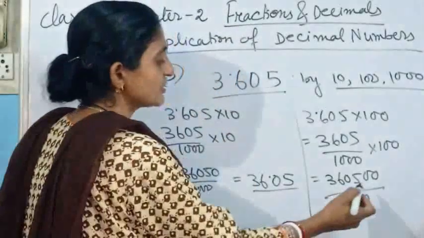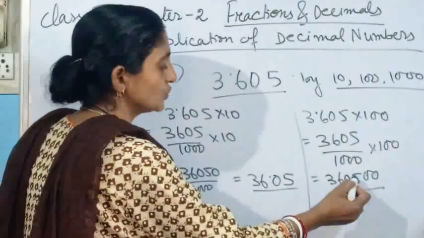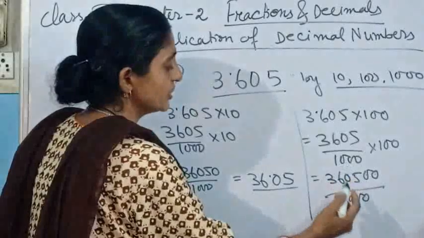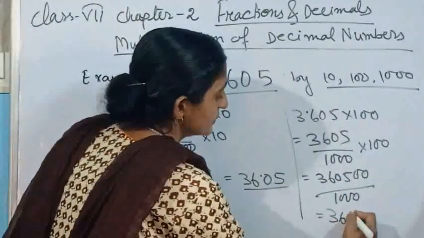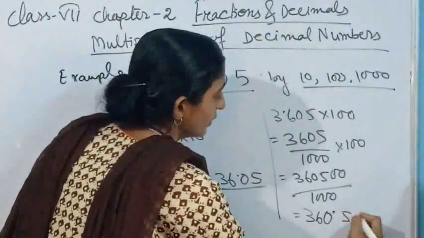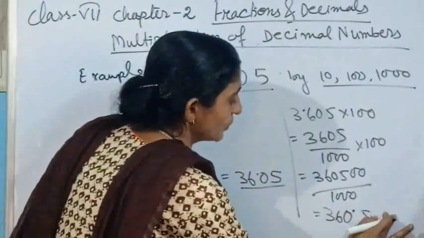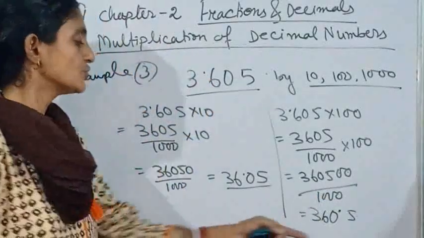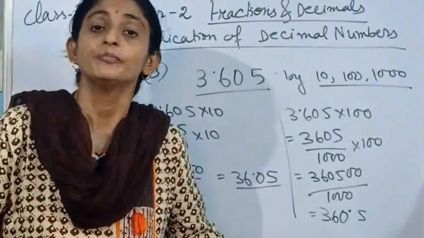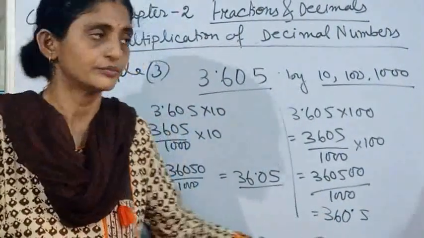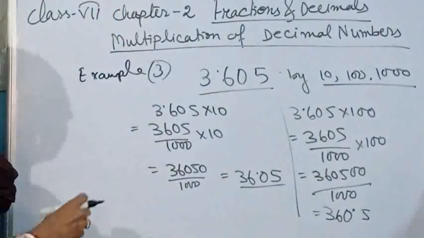So 3 decimal places I have to count, 1, 2, 3. After that, here only I will put the decimal. So it will be 360.5. Here it is 00, that 0 does not have any meaning, so if you are not writing it, then also it is fine. So in the second case your answer will be 360.5.